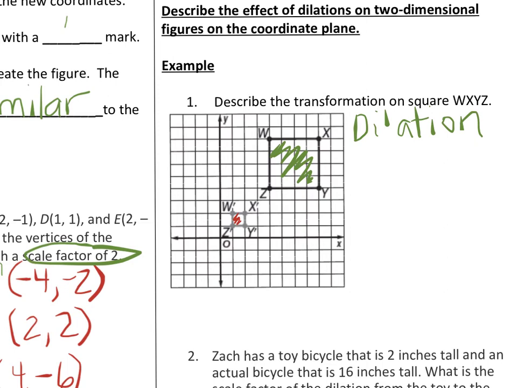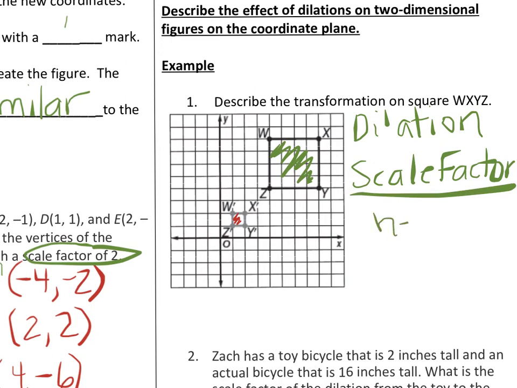But here's how you can figure out what the scale factor is. To find the scale factor, you're going to take one of the new points and put it over one of the original. So for example, let's just pick W prime.